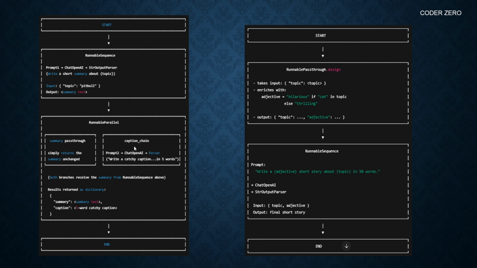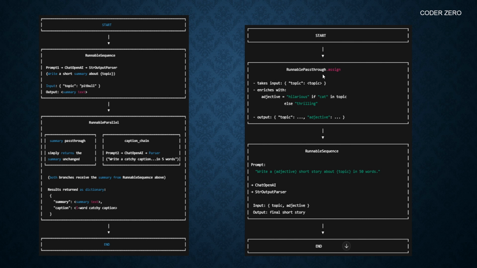Hence we are creating the summary first, and we are giving that as input to both of these runnables. So this runnable is creating the caption, and this is a runnable pass-through. This is simply receiving the summary and passing that to the next level unchanged, and in this way at the end we have both the summary and our created caption.